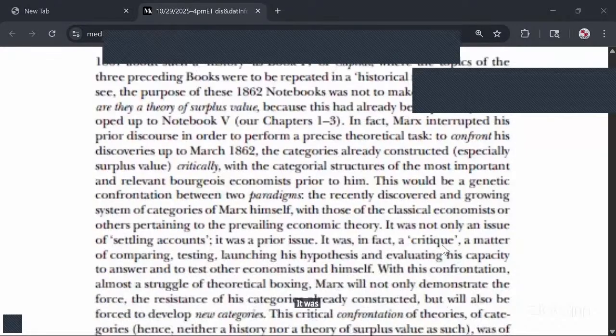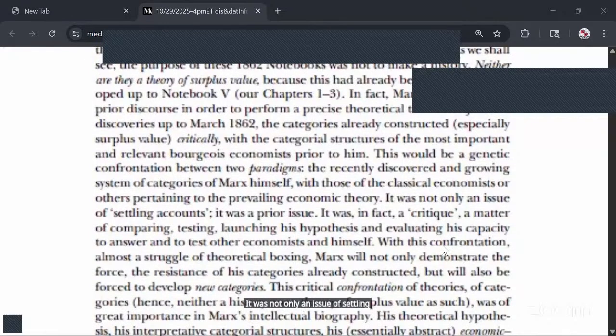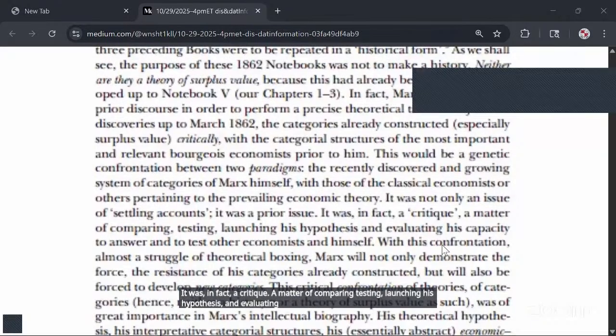It was not only an issue of settling accounts, it was a prior issue. It was, in fact, a critique, a matter of comparing, testing, launching his hypothesis, and evaluating his capacity to answer and to test other economists and himself.